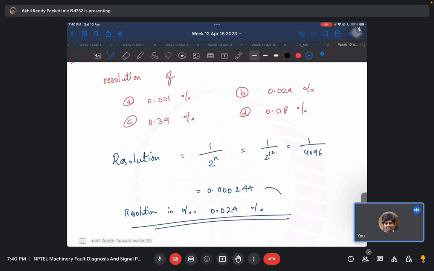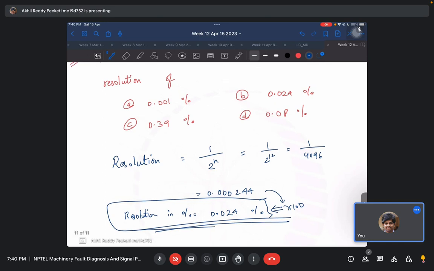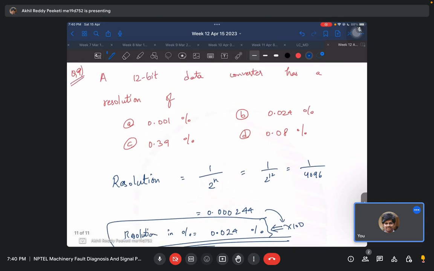Okay, so this into 100 gives you the resolution in percentage. Okay, now let's move to the next question.